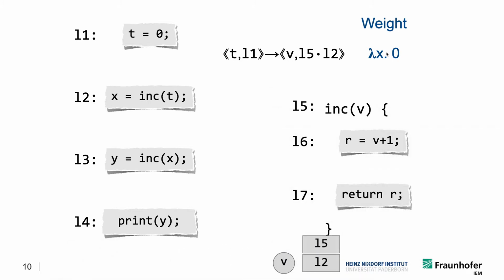Okay, now when you look at this in terms of the pushdown system itself, you will see that this relates to this part here, where previously we had t, L1, we now have v and L2 on the stack and L5 as well. So that has been pushed.